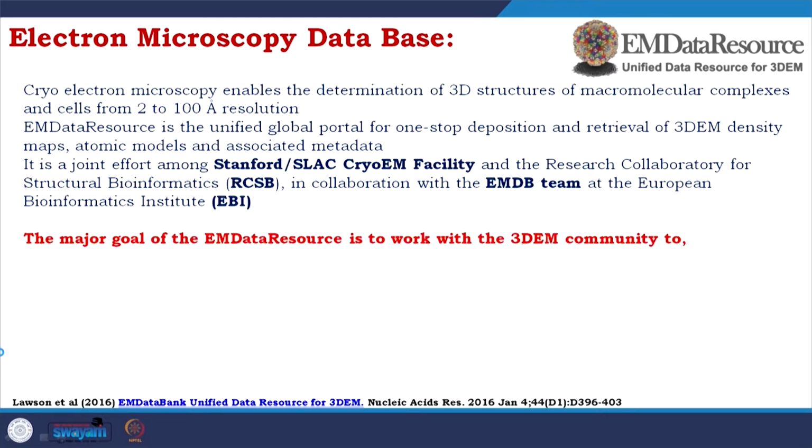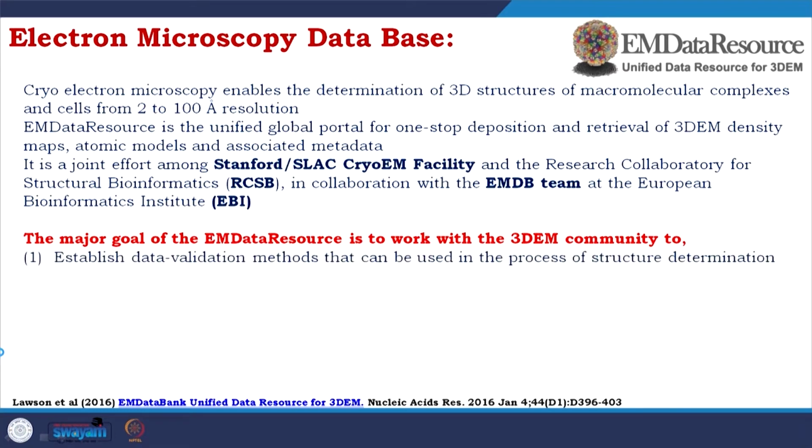The major goal of EM Data Resource is to work with the 3D electron microscopy community to establish data validation methods that can be used in the process of structure determination, as we have discussed before.